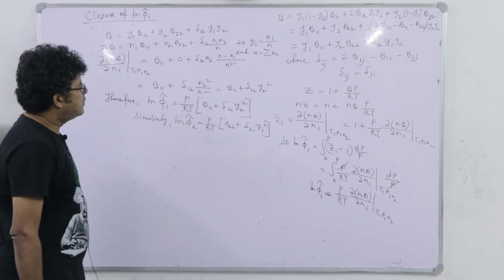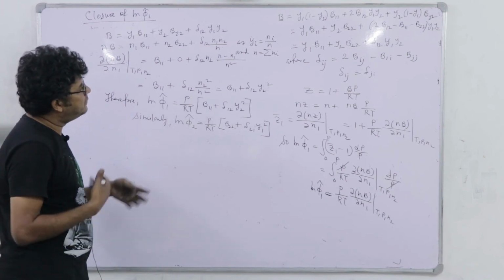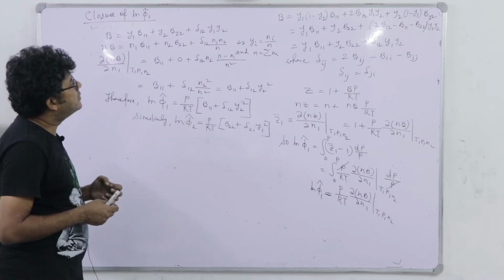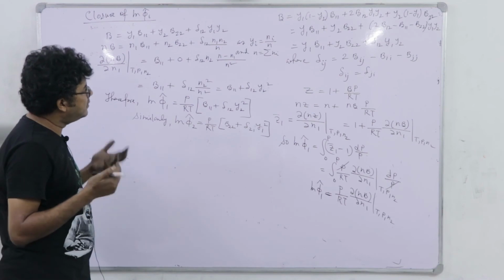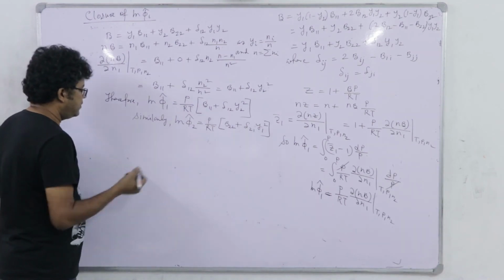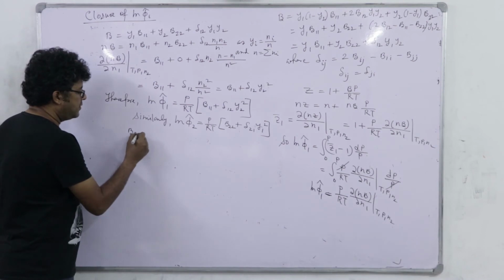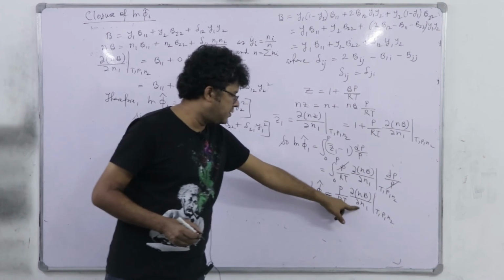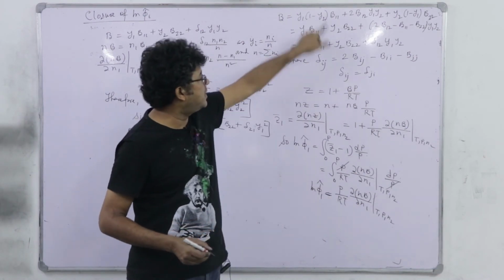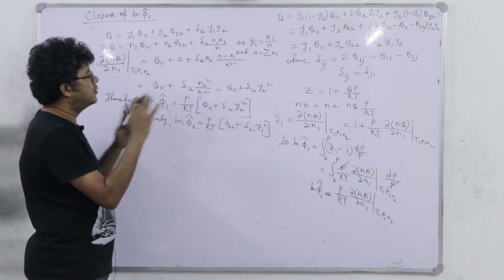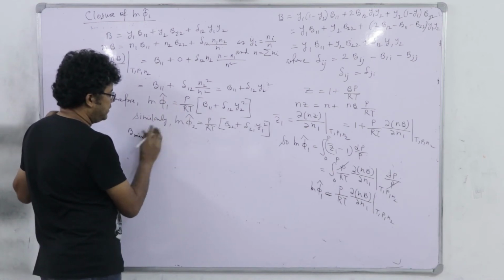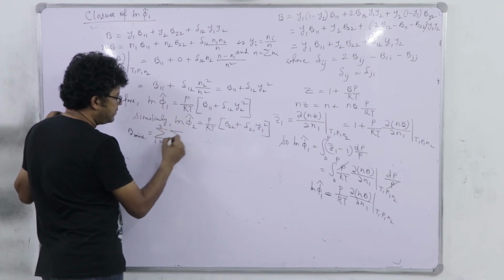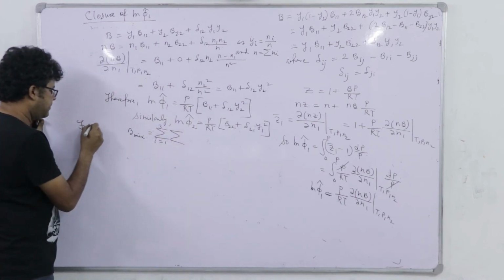Now, if I think of a ternary solution, where the compositions are y1, y2 and y3, the principle for B mix will remain the same, and finally the expression is this. We have to change the expression rather than the mixing rule. So, it is a summation i equal to 1 to 3 for the ternary system.